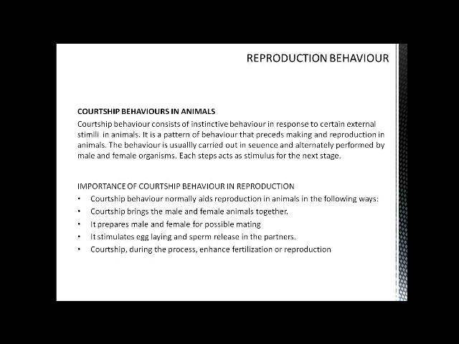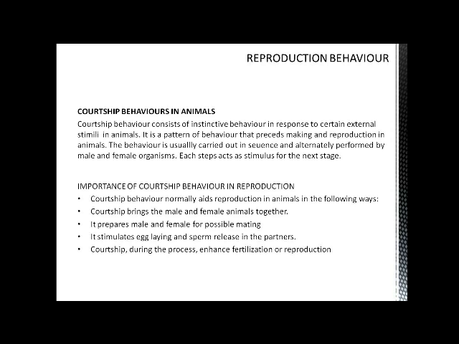Reproductive behavior. Under it, we are starting with the main word, which is reproduction. Reproduction, simply put, means the process that leads to the giving birth of offspring of the same kind to their parents generationally.